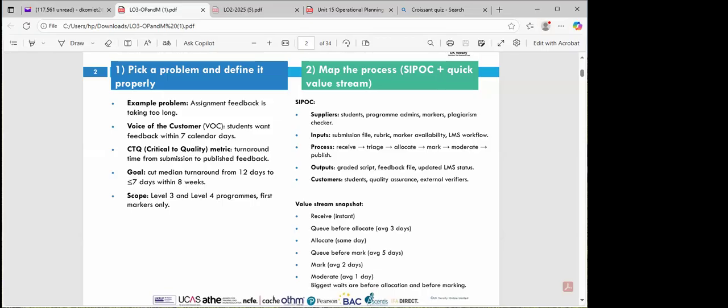Output: graded script, feedback, and uploaded. And then also value stream snapshots.